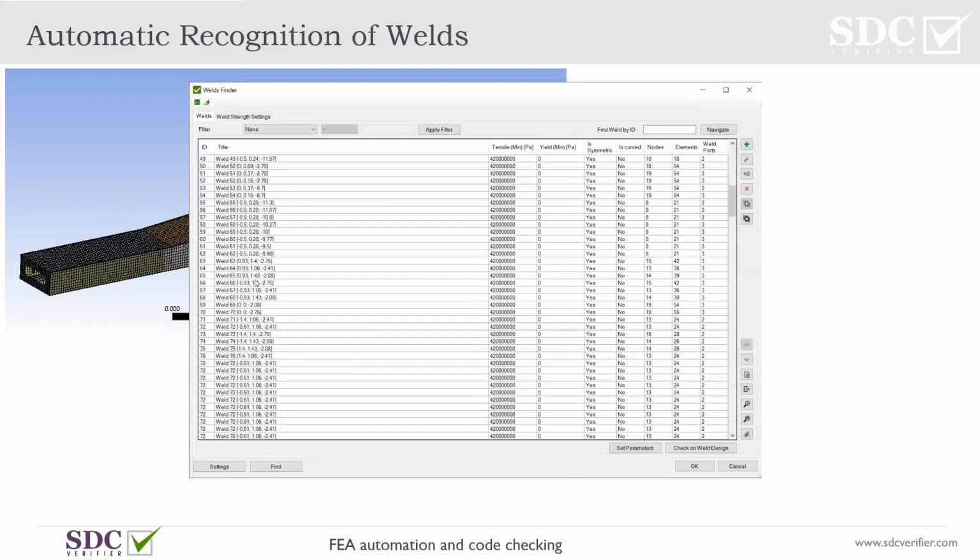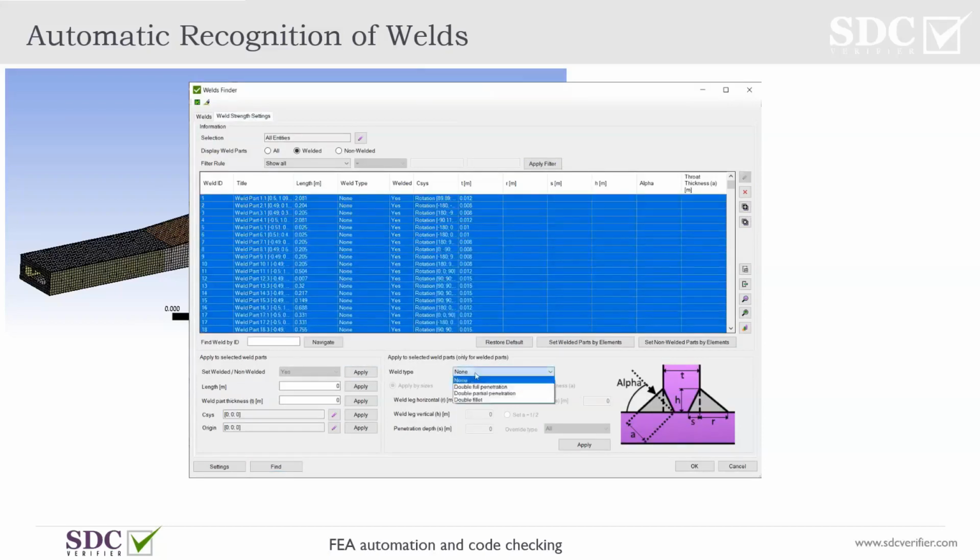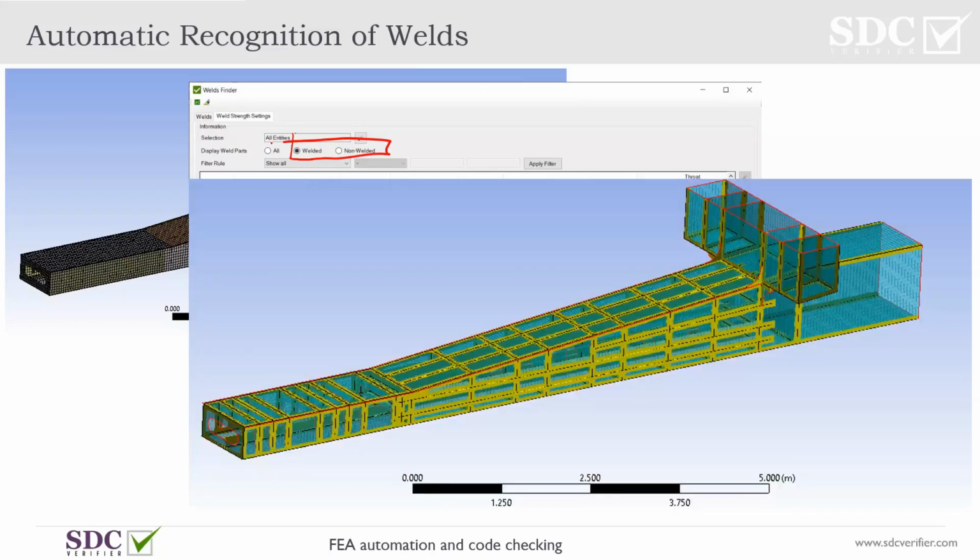In a second, you have the full list with the coordinates, also with additional settings for weld strength check verification, and you see you have already identified which part is welded and which part is not welded. So you don't even have to guess. When you highlight them, how does it look in the model? It looks like this. All the welds are automatically detected.